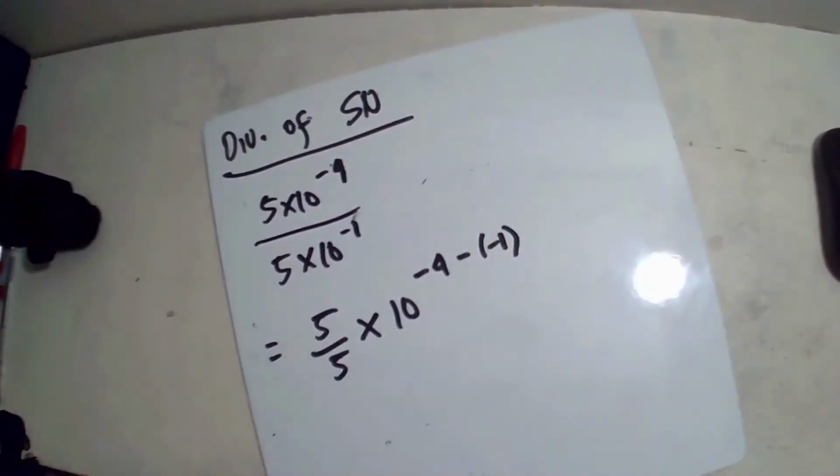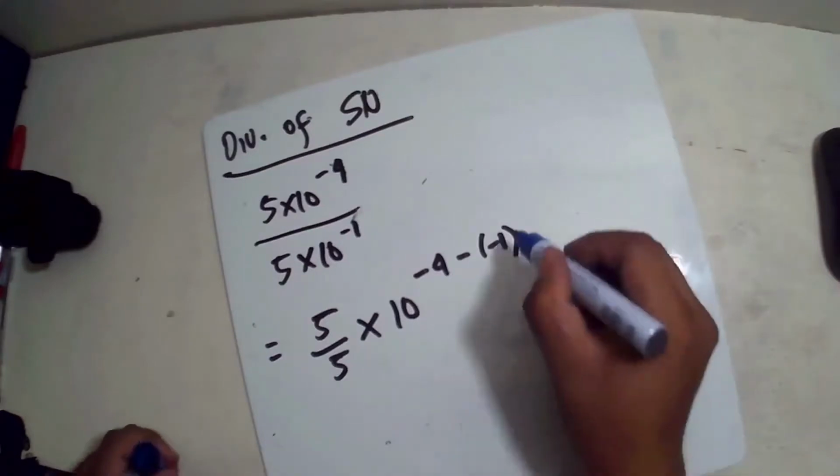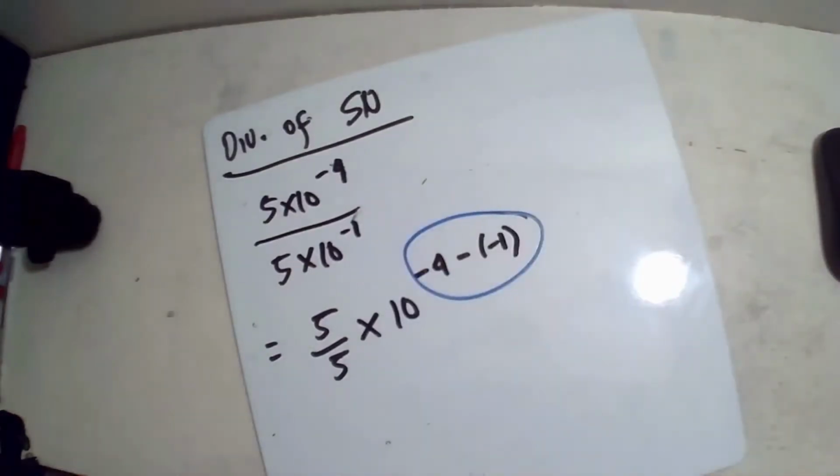5 over 5 is 1. Then you do the operation for the exponent: negative 4 minus negative 1 becomes negative 3.